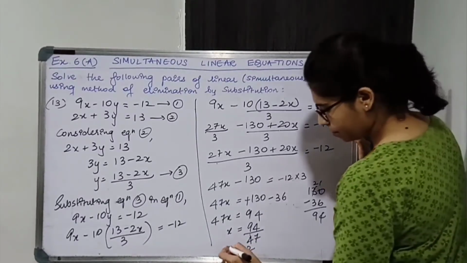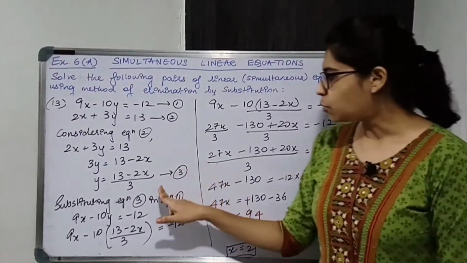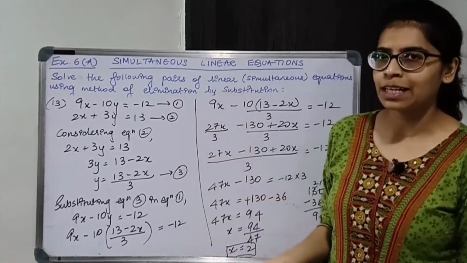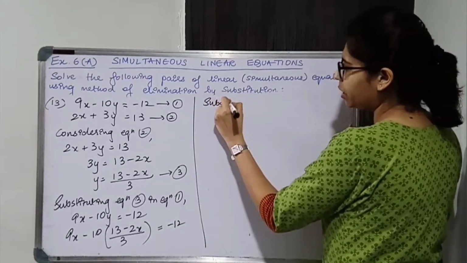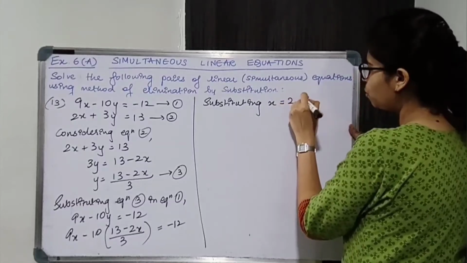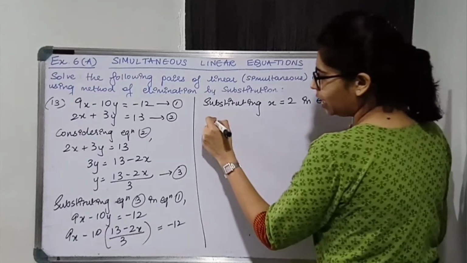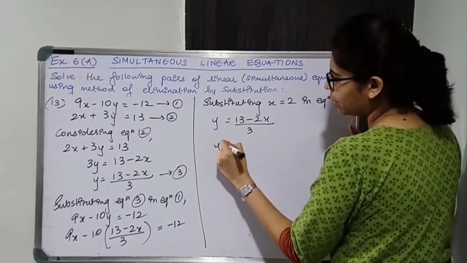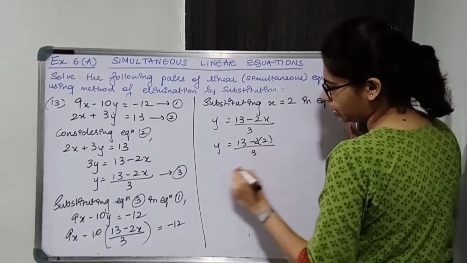Okay, all right. Now we'll substitute this in equation number 3. You can substitute in 1 or 2 also. Okay, you will still get correct answer. So substituting x equal to 2 in equation 3, we'll get y is equal to 13 minus 2x upon 3, that is y is equal to 13 minus 2 into 2 upon 3.